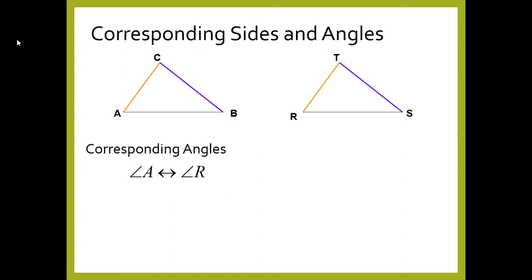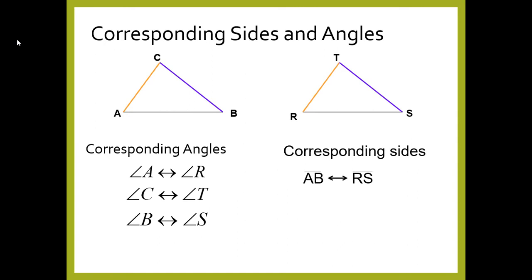Angle B corresponds with angle S, and angle C corresponds with angle T. Because the angles in the triangle on the left correspond with the angles in the triangle on the right, or they are in the same position.